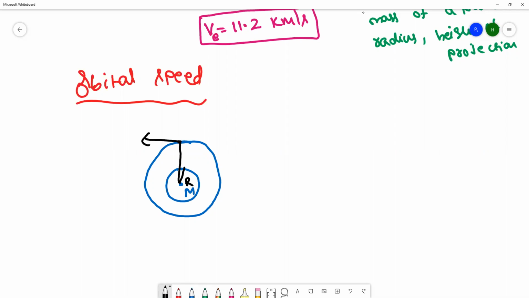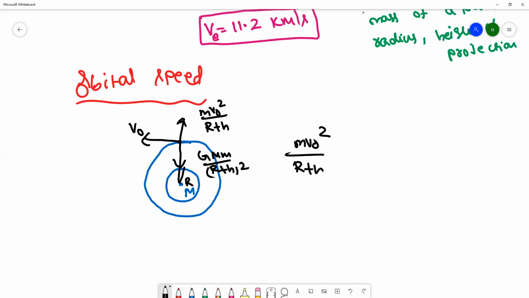So what about the velocity here? Velocity v naught. We know the centripetal force m v naught square by R plus h, and the gravitational force between the two bodies is G into M divided by R plus h whole square.